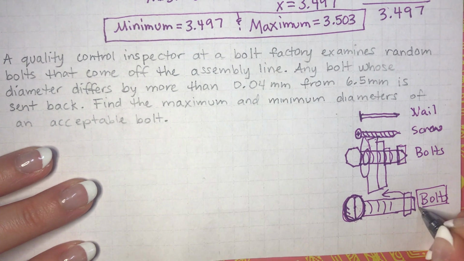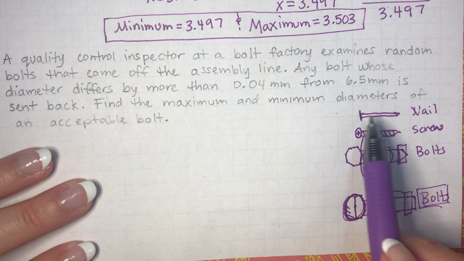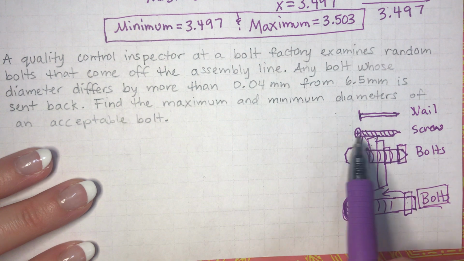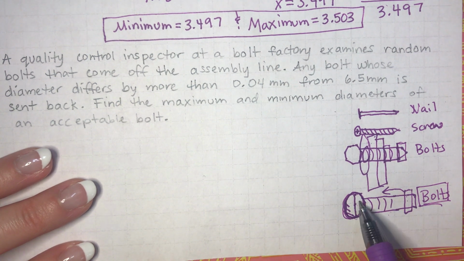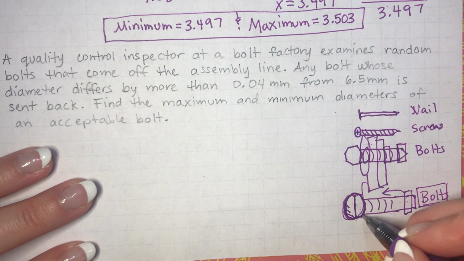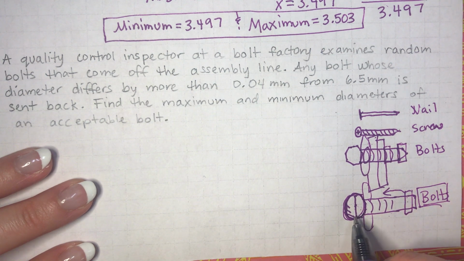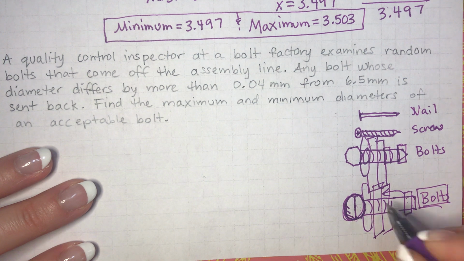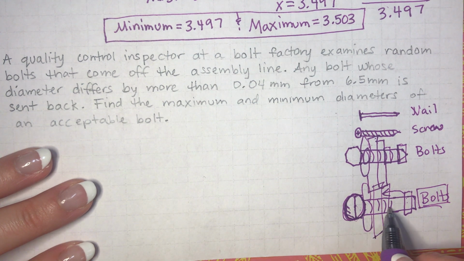Okay, so it has this extra piece. With the nail, you just hammer it through; there's nothing you put on the end. With the screw, you screw it in; there's nothing you put on it. With the bolt, you usually have a washer. Whatever you're trying to attach together, you put the bolt through the hole of the washer and through the hole of the two things you're attaching.